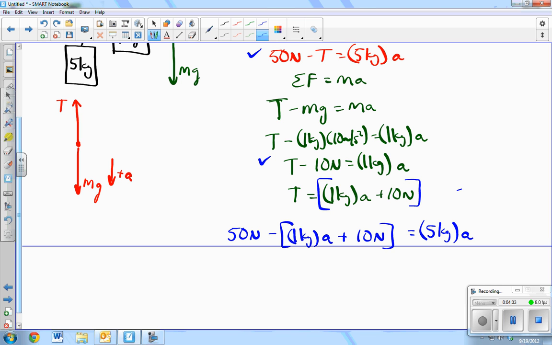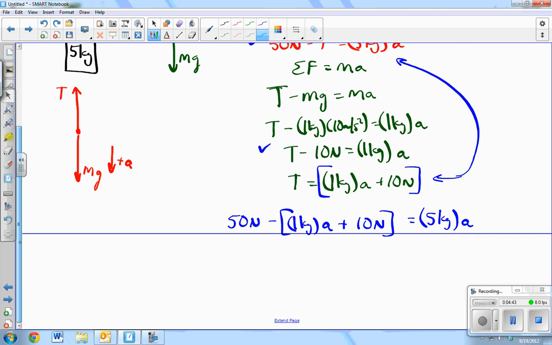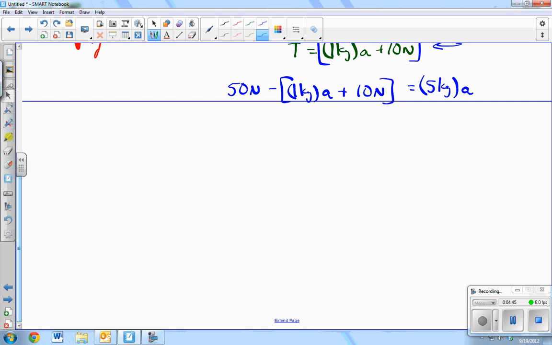We just take this value, plug it up into our other equation. Or take the first equation and plug it into that one. It makes no difference. Next, we finish up the algebra. 50 newtons minus 1A minus 10 newtons.